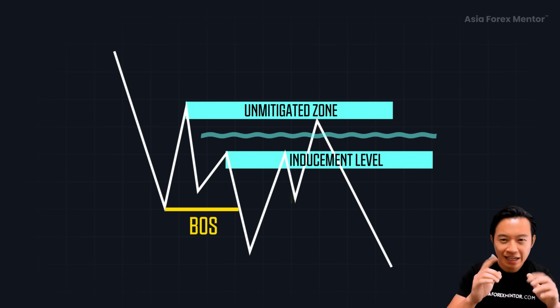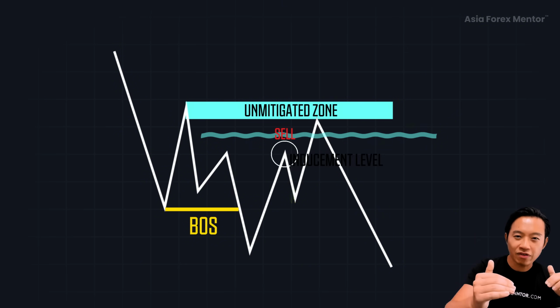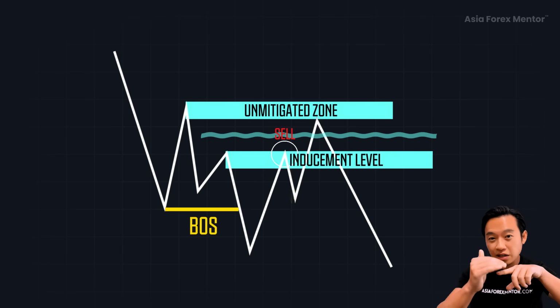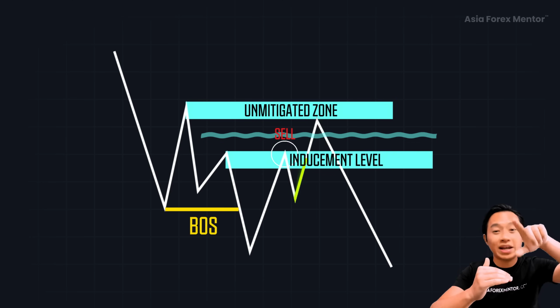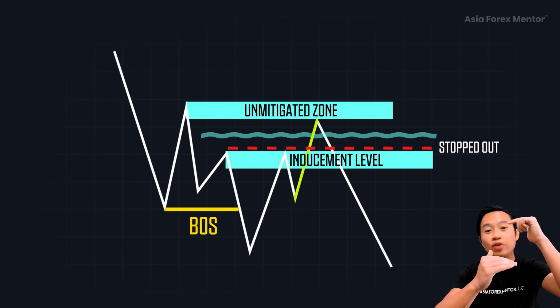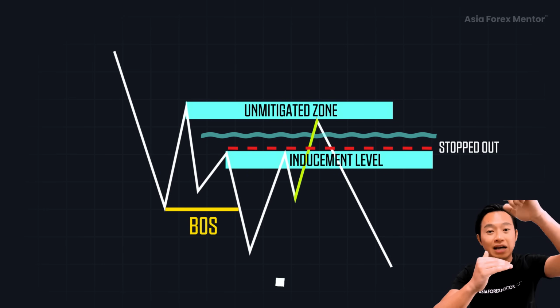So say if you entered at an inducement area, and like what we've seen, price went up, you get stopped out the first time. You enter the inducement area again, price went up, you get stopped out, and then it goes to the upper zone.